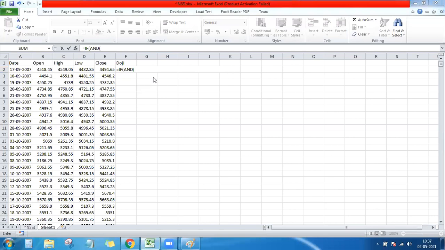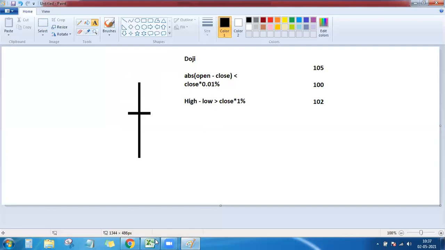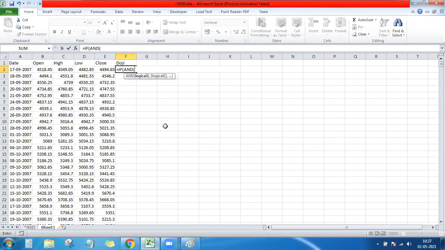We are using daily data. So there are two conditions for us. So we'll be using AND method. What is the first condition? The high minus low, it should be greater than close multiplied by 1%. This is the first condition.